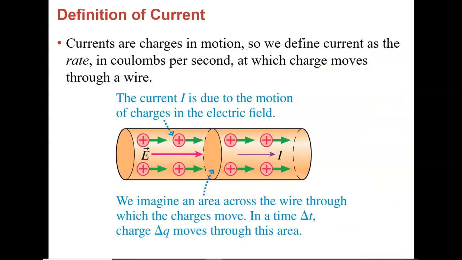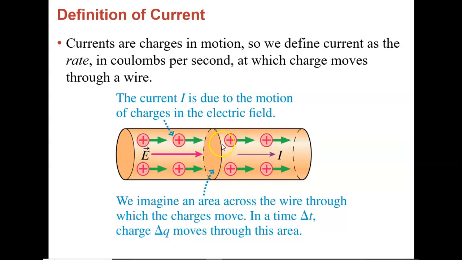Current is really the rate of charge movement, or coulombs per second. So we're looking at how many charges pass by this given point right here. How many coulombs of charge pass through that given point? That's your current, which is I. E is your electric field, making these electric charges move.